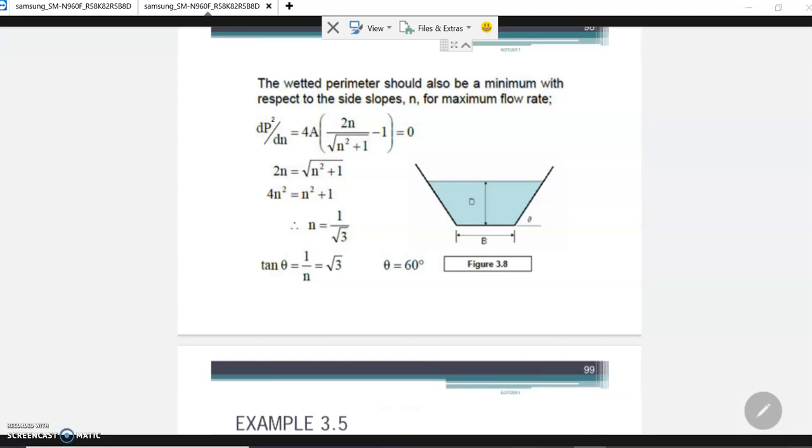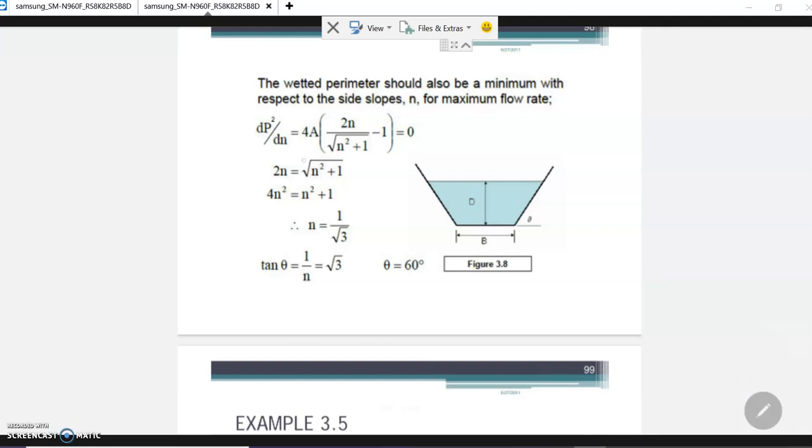Okay, the weighted parameter should also be at minimum with respect to the side slope N. For maximum flow rate, we need to differentiate the weighted parameter with respect to the slope N. So this is from the weighted parameter formula earlier.